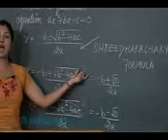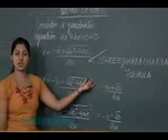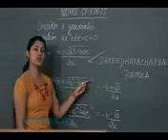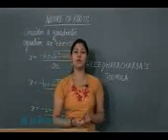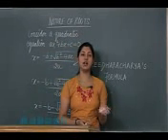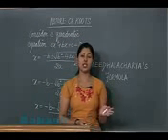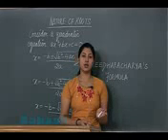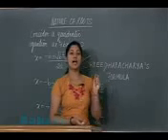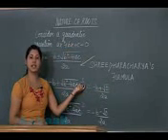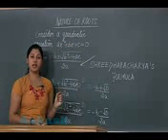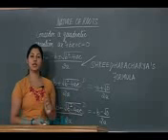Now here this capital D is known as the discriminant. This discriminant tells us about the nature of roots, whether the roots will be real or non-real, rational or irrational, equal or unequal. That is totally dependent on the value of D. Now discriminant or D can be of three types.